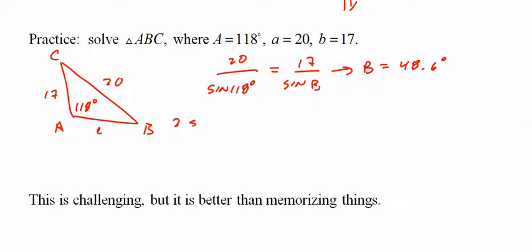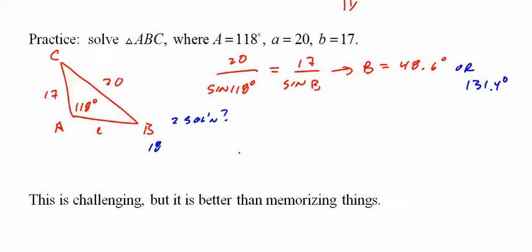Two solutions. I like changing colors so I can see what I'm saying. 180 minus 118 minus 48.6. Wait a minute, my bad. Or 131.4 degrees. So two solutions.